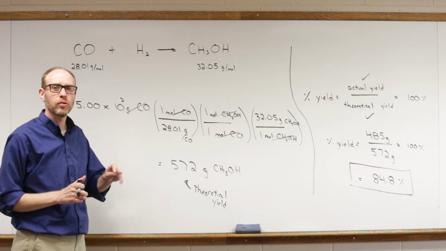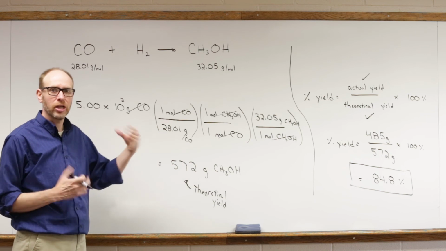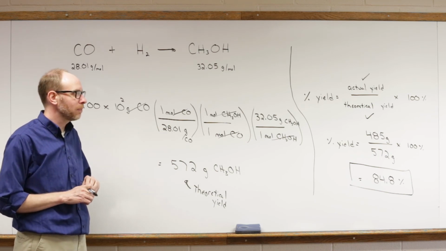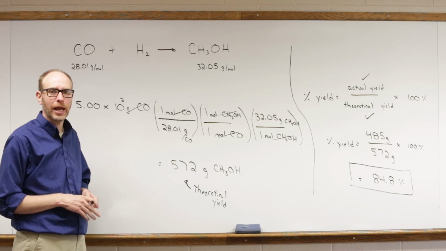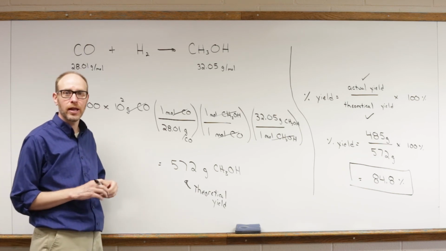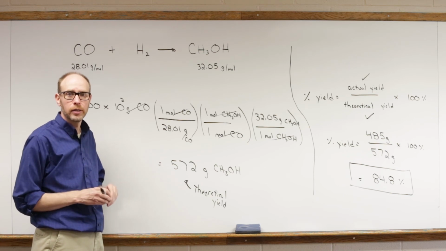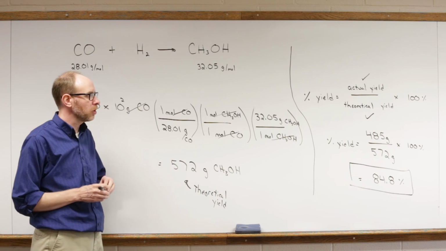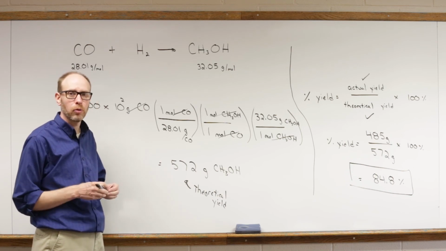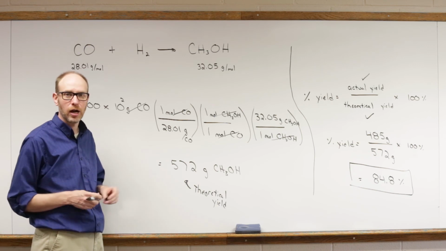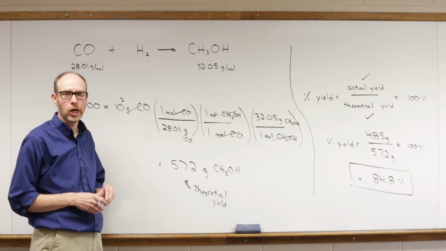Now, a lot of times students will ask, is that actually a good percent yield or not? In reality, it's probably going to depend on the chemical reaction that you're running. But generally, people would say that 85% yield is pretty good. For the most part, if you're doing a reaction where you need to report the percent yield and get 85% or 80% or higher, generally you've done a pretty good job.